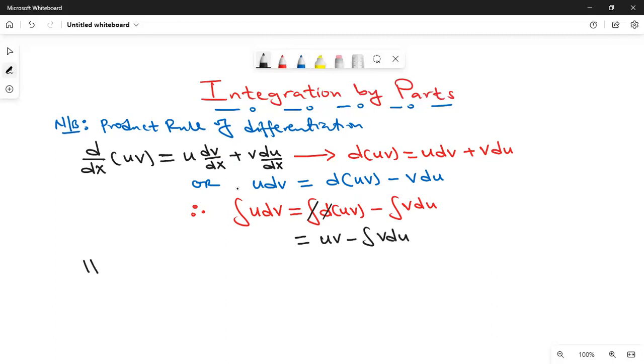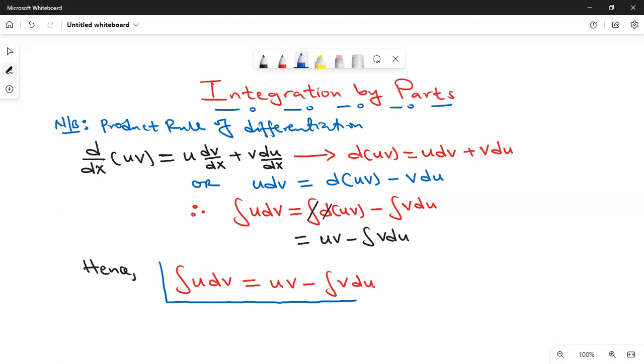Hence, the integral of u dv is the same as uv minus the integral of v du. Look at what we have found. This is what we call the parts formula, the formula that you use in integration by parts.